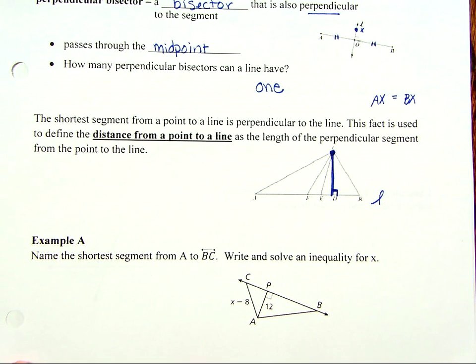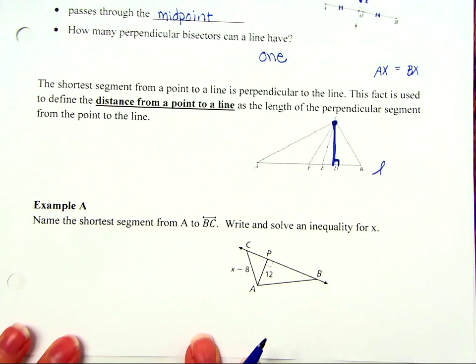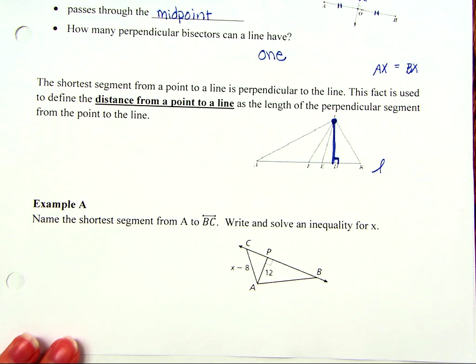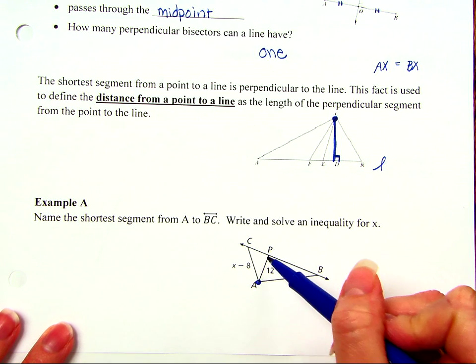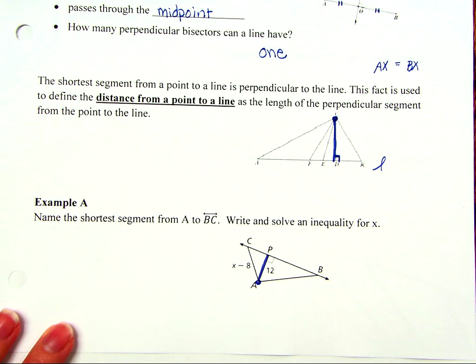In example A, they're asking us to think about the shortest segment from point A to my line BC, and then to write and solve an inequality for x. So we had just said the shortest segment is going to be along the perpendicular.